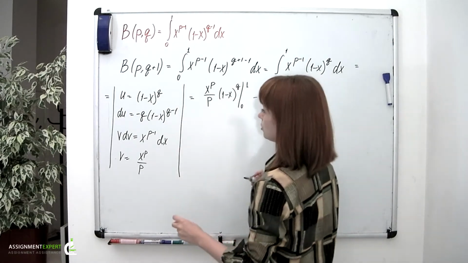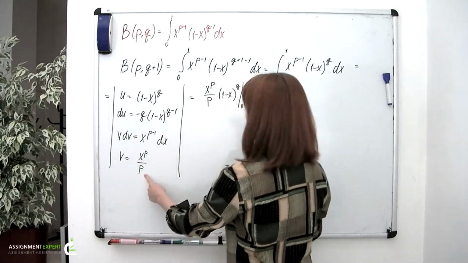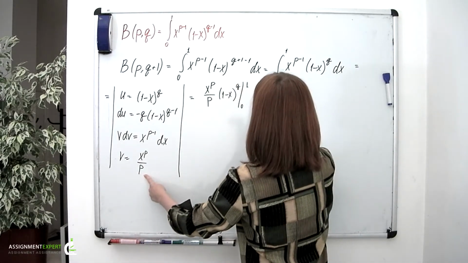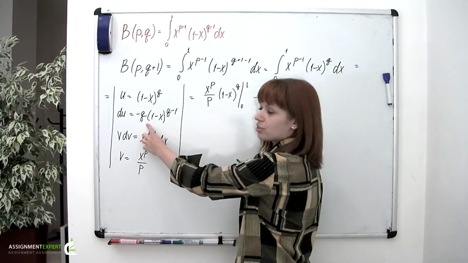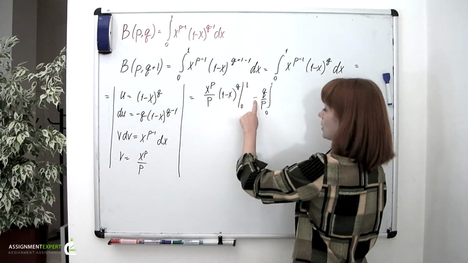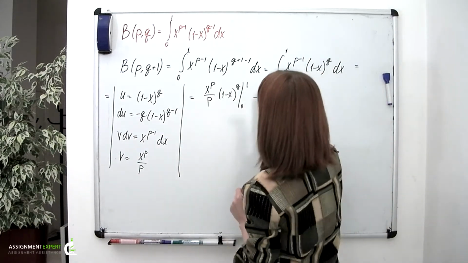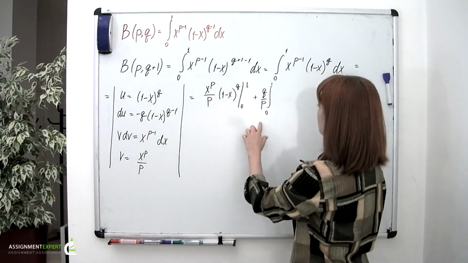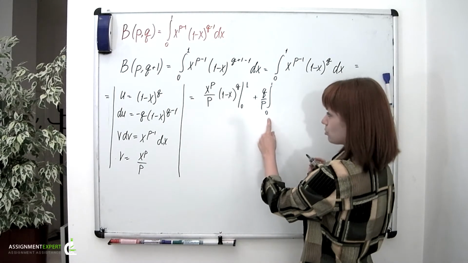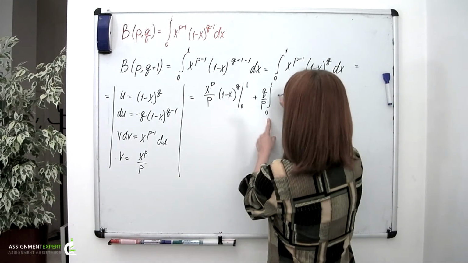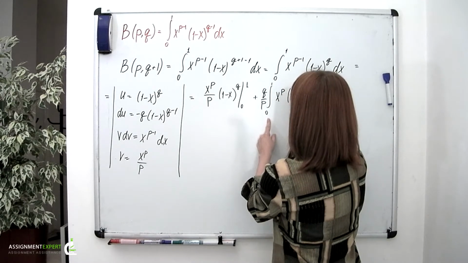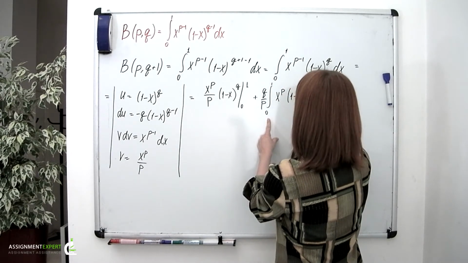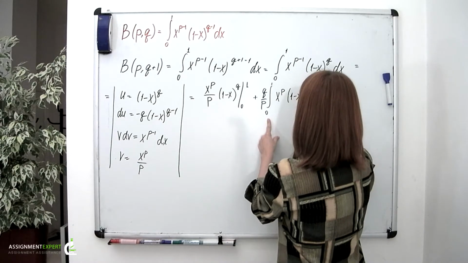Now we can pull q over p out front, so we'll have q over p multiplied by this integral, and then we have this minus over here, which multiplied by this minus gives us plus. So we have plus q over p times integral from 0 to 1 of x to the p times 1 minus x to the q minus 1 dx.